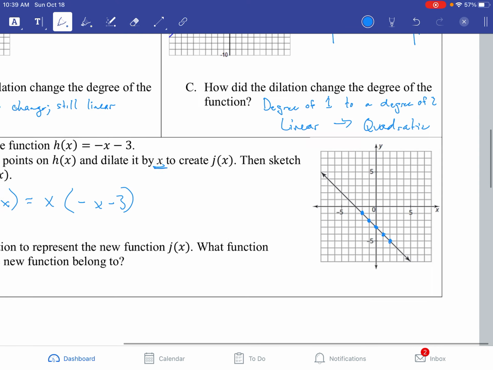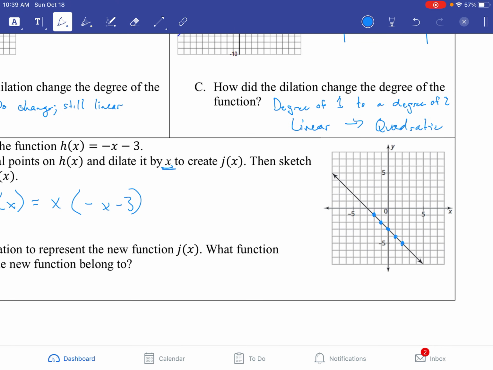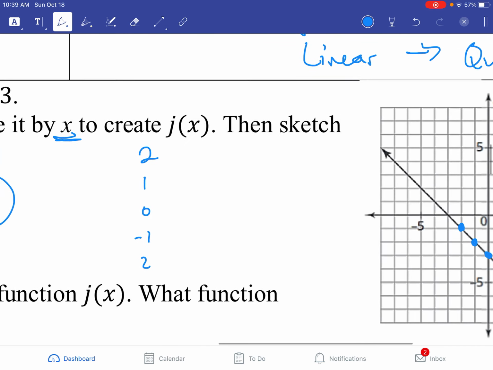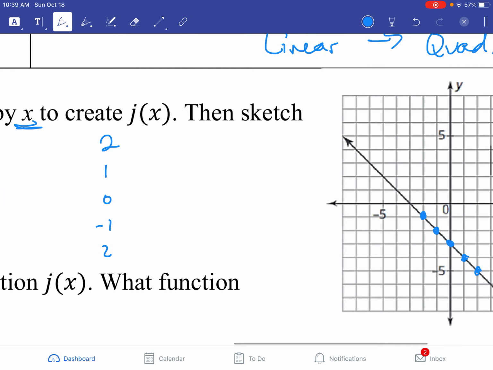Okay, so if we're going to do this, we have our x values are 2, 1, 0, negative 1, and negative 2. We can see that the values we're using are negative 5, negative 4, negative 3, negative 2, and negative 1.